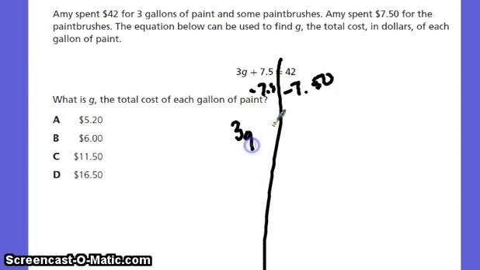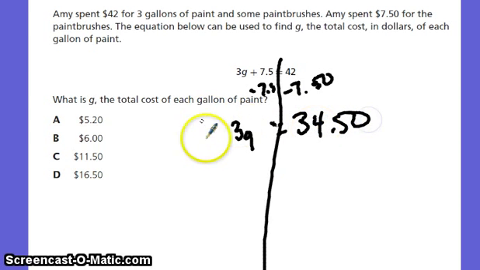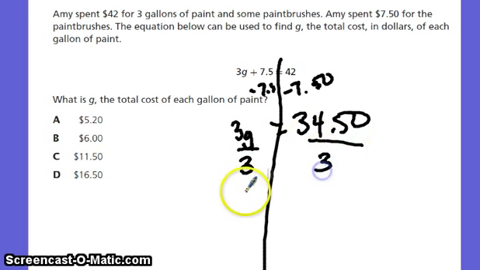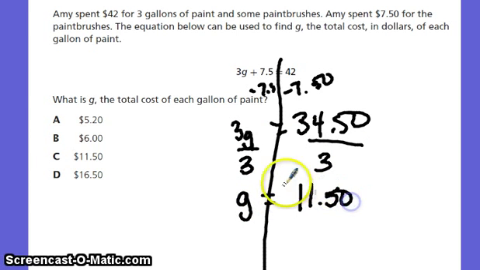We're going to have 3G is equal to a number that is 42 minus 7.50. That says it's 34.50. Then I'm going to divide both sides by 3. And that's going to give me G is equal to 11.50.